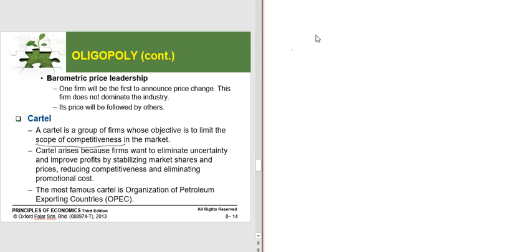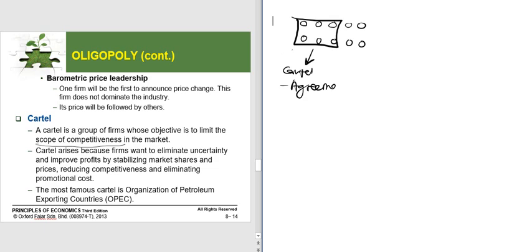Let's say you have a few oligopoly firms. For example, you have 1, 2, 3, 4, 5, 6, 7, 8, 9, 10 oligopoly firms in this market, and a cartel can be formed by combining these firms. Let's say you have 6 firms here which come to an agreement to form a cartel. So what kind of agreement do they make?